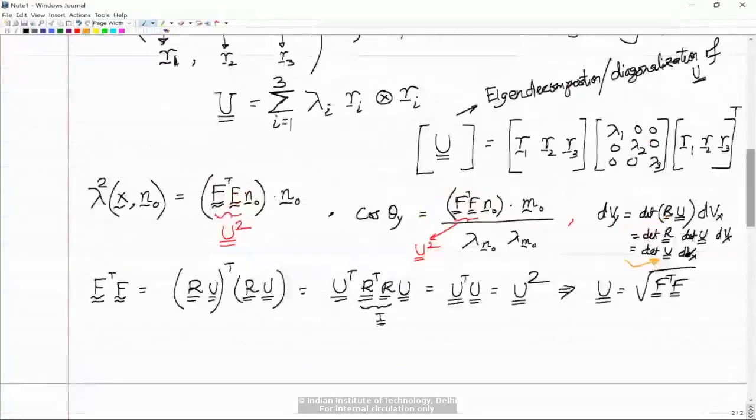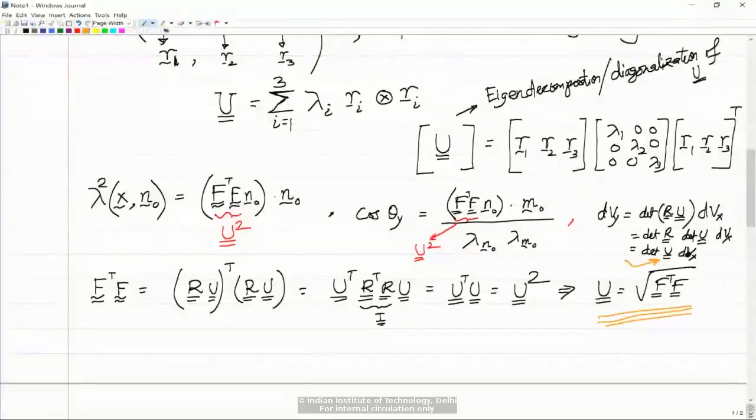Okay, so what's the recipe to obtain U? To obtain U, first of all, you will have big F, and then U you can obtain using this formula. Work out F transpose F and take the square root.